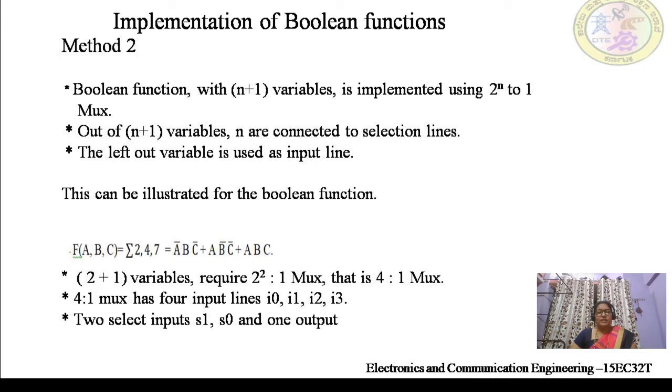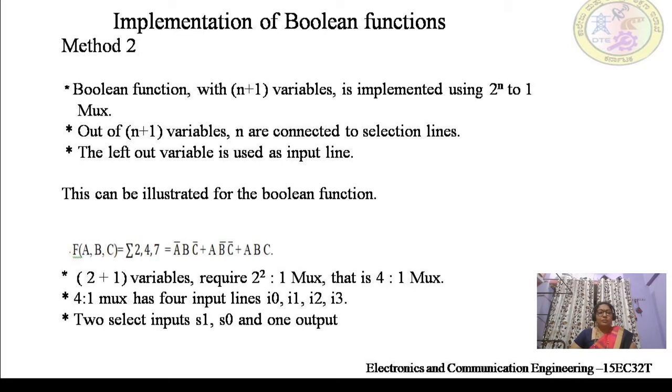For example, if a three variable expression is there, then we have to use a 2 to the power of 2 to 1 mux, that means 4 to 1 mux. But in the previous method, we used an 8 to 1 mux for designing the same expression. So here we have reduced the order of the mux. Here totally there are n plus 1 variables.